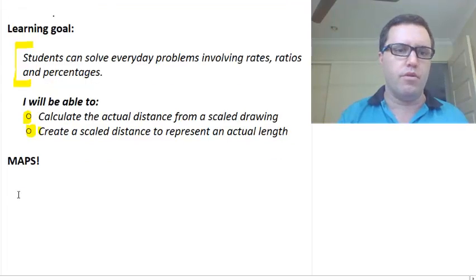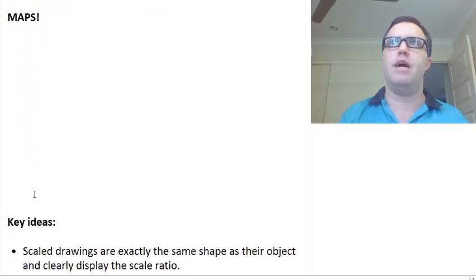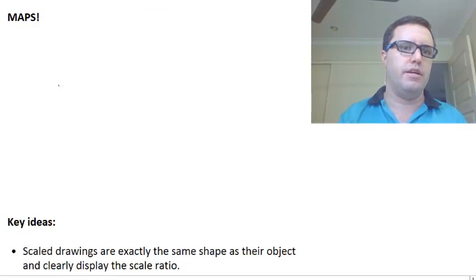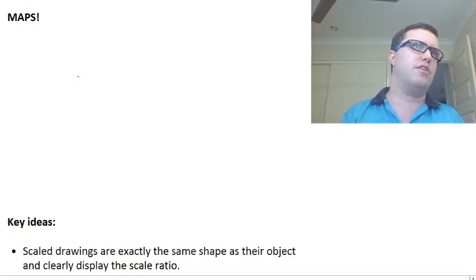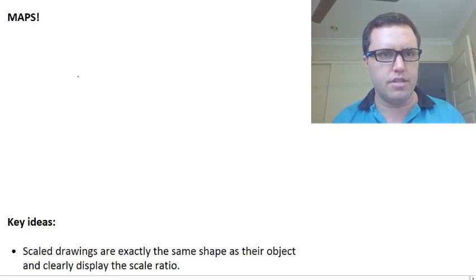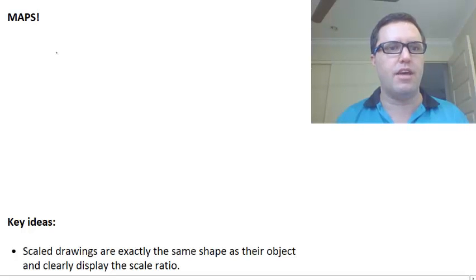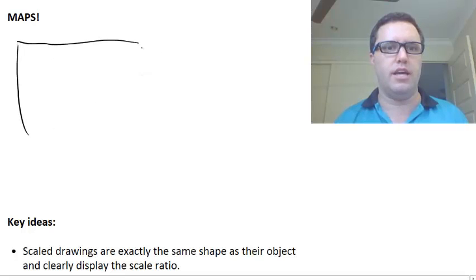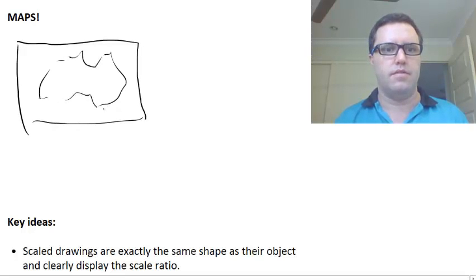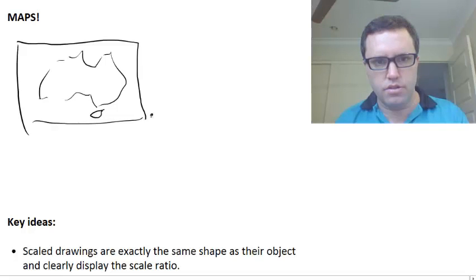Right. Maps, maps, maps. So we need to worry now about maps and why scale drawings exist. What's the point of them? Well, let's say that we had a map of Australia, and you're like, let's just draw it exactly the same size as Australia. Well, you're going to have this gigantic map, and here's you trying to roll it up and carry it around.